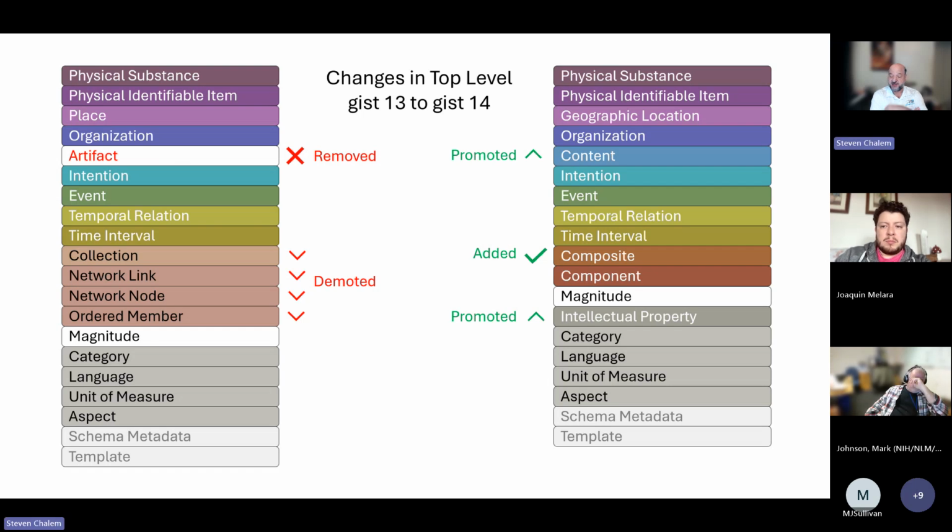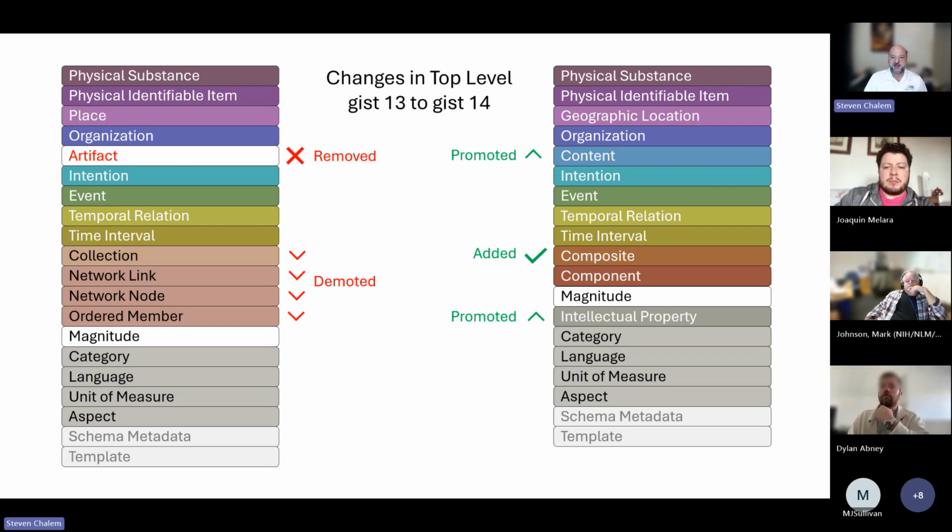A few things got moved down out of the top level. A few things we added a class that consolidated some of the existing things. And that was part of our overall effort to streamline the highest level of GIST.